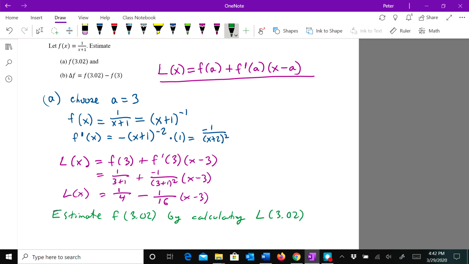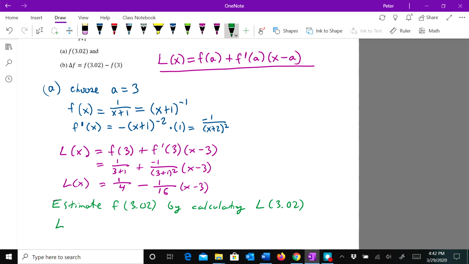Okay, so L of 3.02 is going to equal 1/4 minus 1/16 times 3.02 minus 3. So that's going to equal 1/4 minus, 3.02 minus 3 is 0.02, over 16.